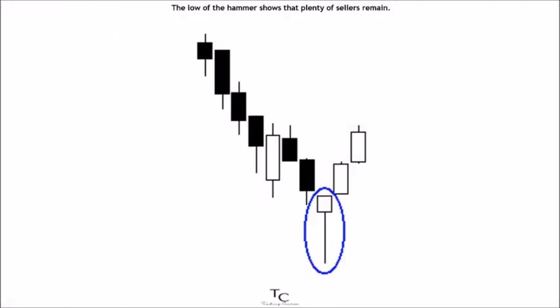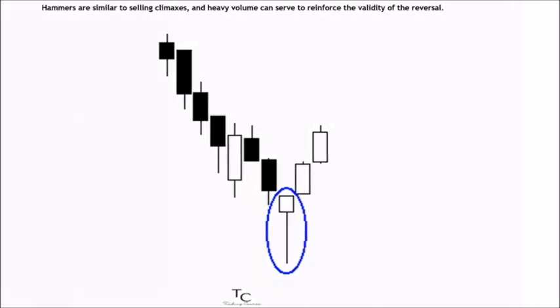The low of the hammer shows that plenty of sellers remain. Further buying pressure, and preferably on expanding volume, is needed before acting. Such confirmation could come from a gap up or long white candlestick. Hammers are similar to selling climaxes, and heavy volume can serve to reinforce the validity of the reversal.